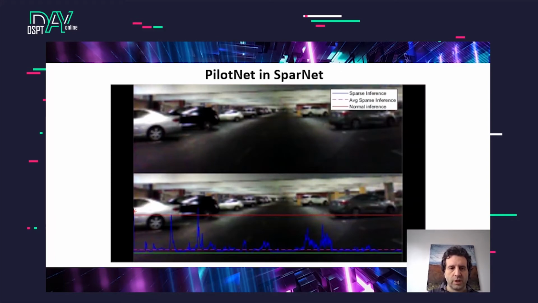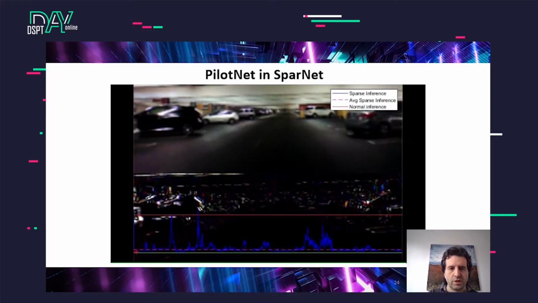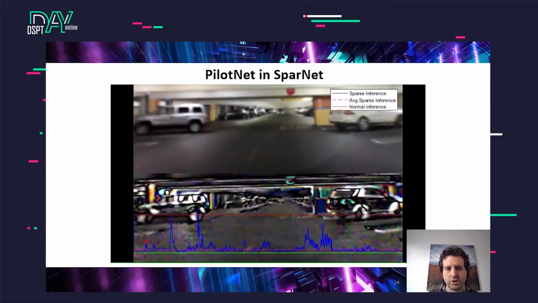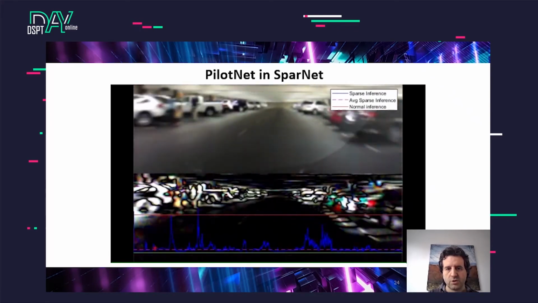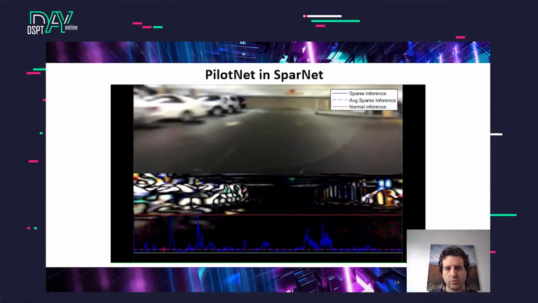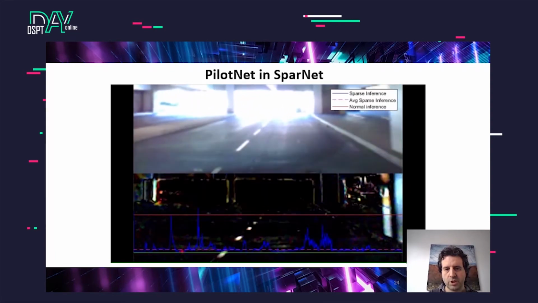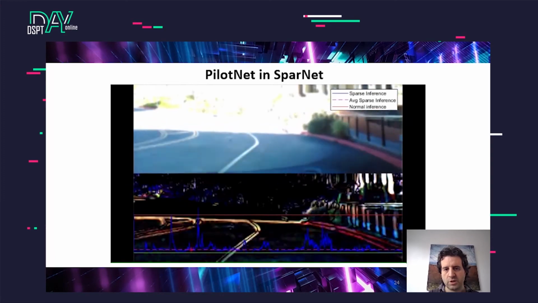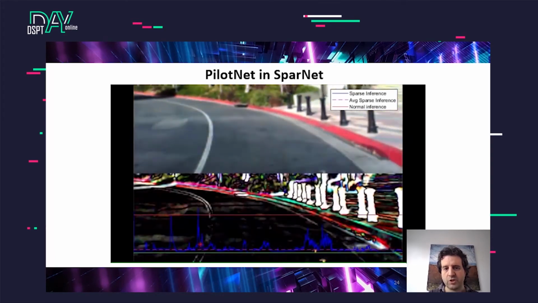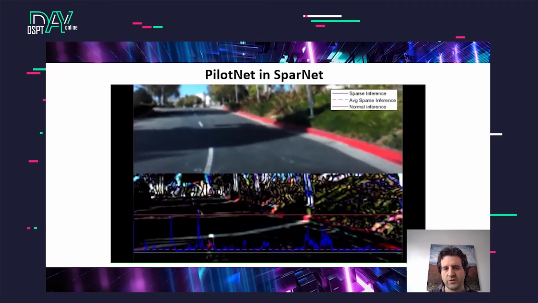Okay, so what I show now in this video is what happens with the execution of our SparNet. On top, you see what a normal camera sees. On the bottom, you see the difference frame, a comparison of what changed in the last frame. Black means nothing has changed.